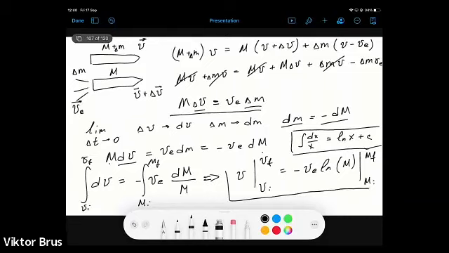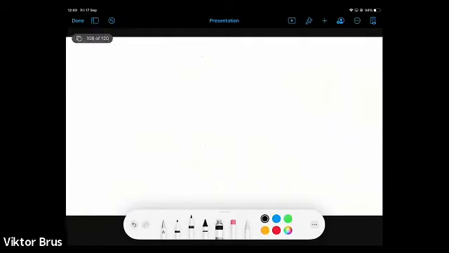Okay, so this part we proceed further on the next slide. So we can write that V final minus V initial is equal to minus V exhaust times natural logarithm of final mass minus natural logarithm of initial mass.